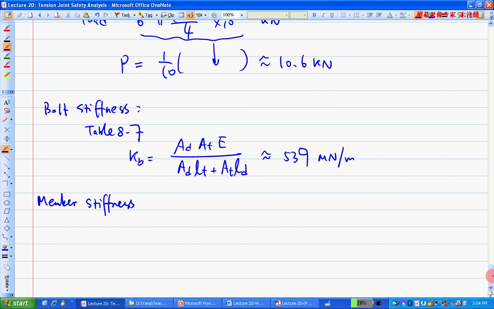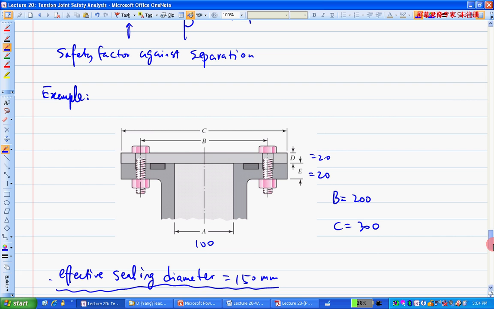So in this case, we have only 2 members here, the same thickness but different material. One is steel, one is iron. So basically, you need to just apply the formula twice.